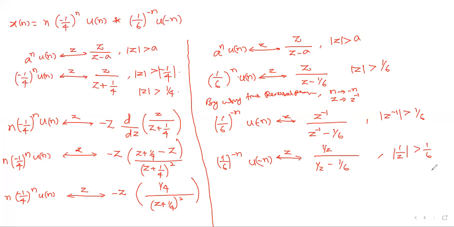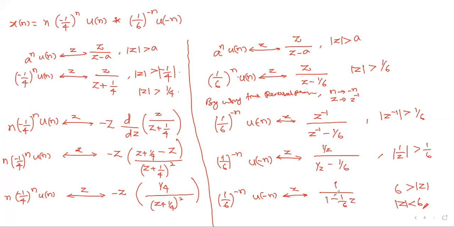Now z you send that side, 6 this side, so I will write here 1 by 6 whole power minus n u of minus n, z transform is 1 divided by 1 minus 1 by 6 into z. Now z you send that side, 6 you take this side, 6 is greater than mod z. Then what is the ROC? Mod z is less than 6. This is the ROC for this signal, right?